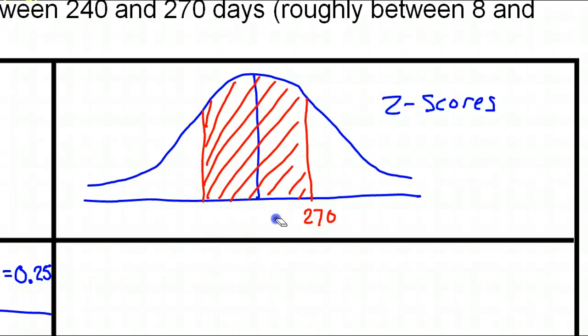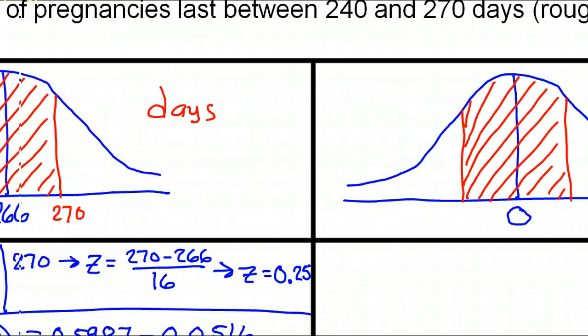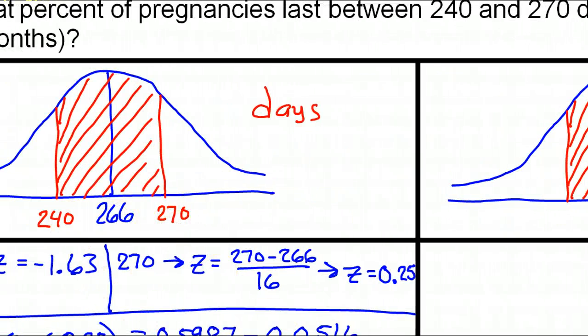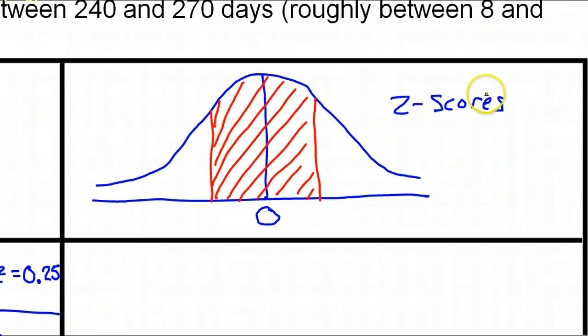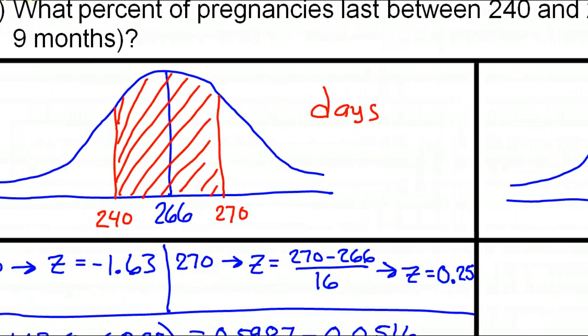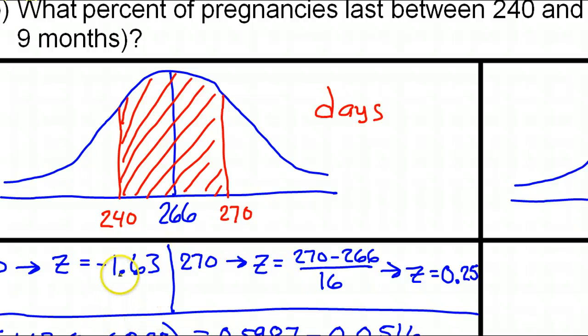And instead of these 3 values, instead of the mean, I have 0. And then instead of the actual values, the days, I'm now going to put the z-scores that go with them. So that was negative 1.63 and 0.25.